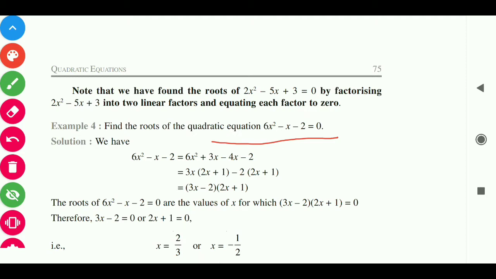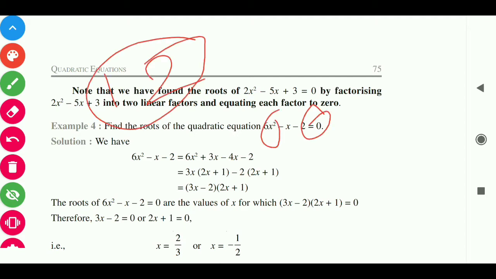Now, as we did earlier in example 3, 6 into 2 equals to 12. Finding the factors of 12 such that their addition or subtraction is equal to minus 1. Since we have minus 2 in the constant place, we confirm that we need to subtract those factors.